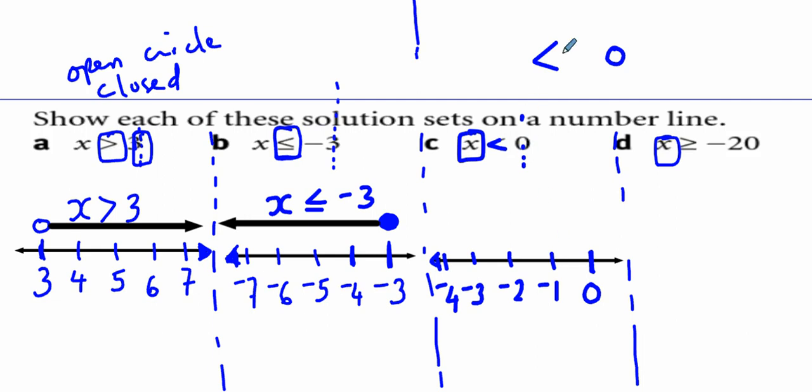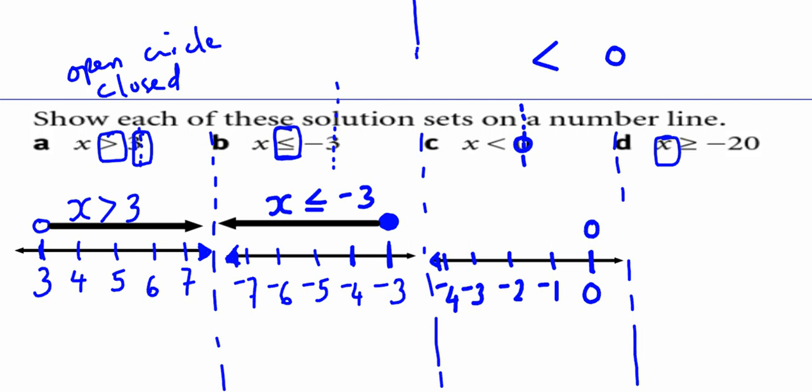Now, where do we draw the open circle? Open circle, you really know what it means. The open circle is drawn on 0 itself. So open circle just above 0.